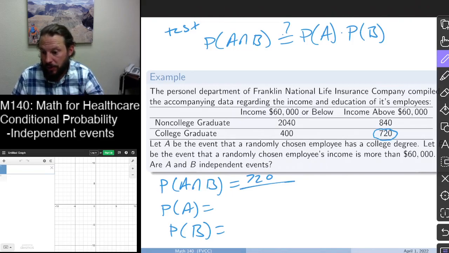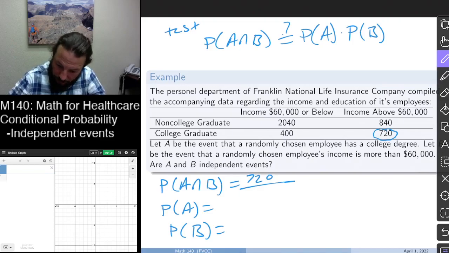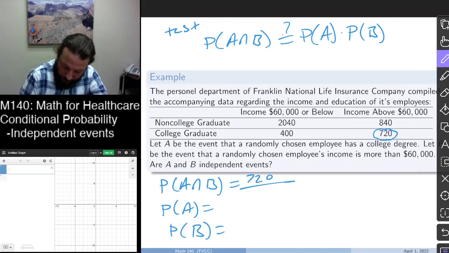Should have done that beforehand. Hopefully you got it. And there we go. That's what I need. Looks like we got a total of 4,000. So this is 720 over 4,000.